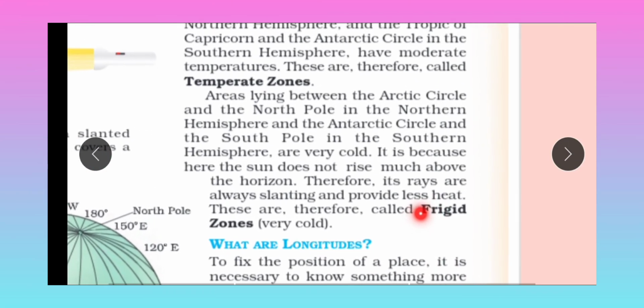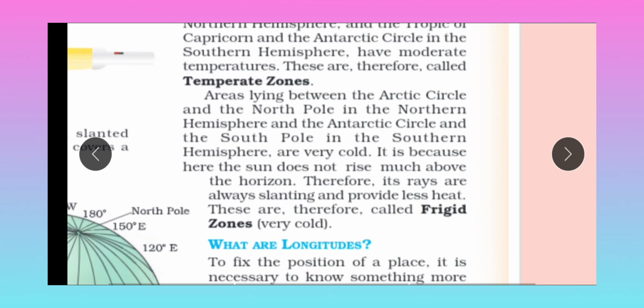The third zone, the area lying between the Arctic Circle and the North Pole in the northern hemisphere and the Antarctic Circle and the South Pole in the southern hemisphere, is very cold. It is because here the sun does not rise much above the horizon. Therefore, its rays are always slanting and provide less heat.